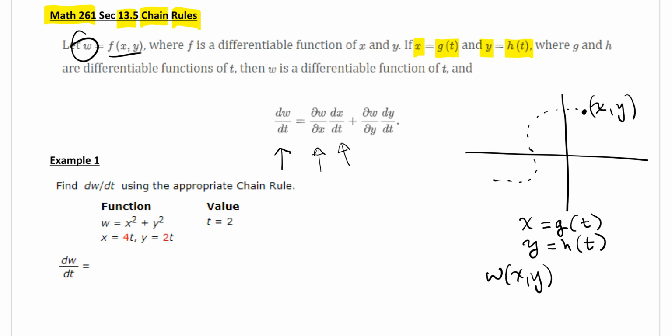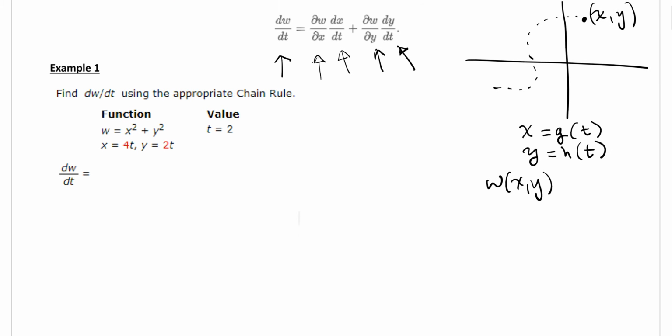You see, x is a function of t, so regular means like calc 1 or possibly calc 2 derivative, dx dt, plus the partial of w with respect to y times the, quote, regular derivative dy dt. So a lot of this becomes keeping track of when you're doing a partial derivative, when you're doing a regular derivative, and when you are doing a partial derivative, what is the variable that you're differentiating with respect to?